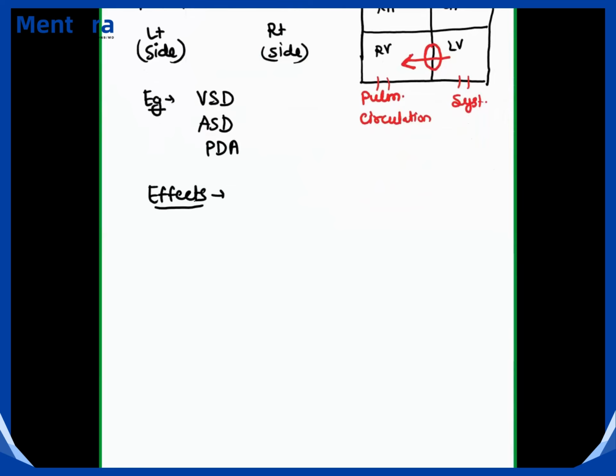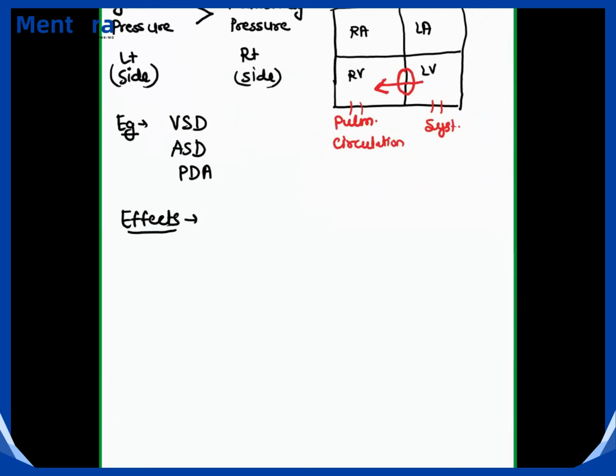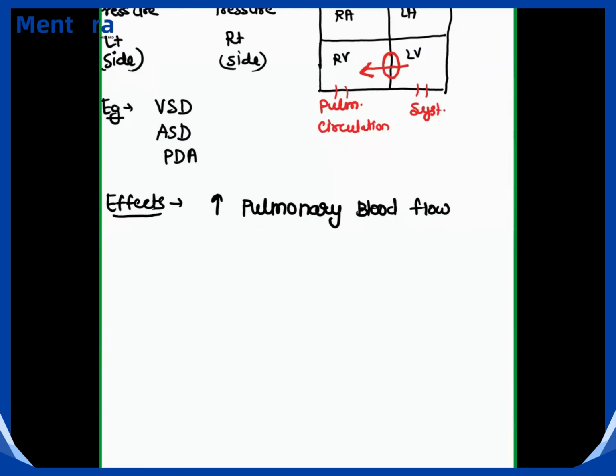So what are the effects of left to right shunt? All the blood from the left side comes to the pulmonary area. So it increases pulmonary blood flow, and mildly increases pulmonary arterial pressure. So it increases flow and pressure at the pulmonary area.